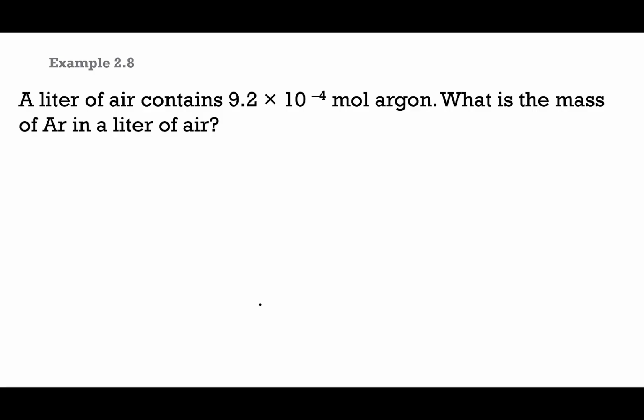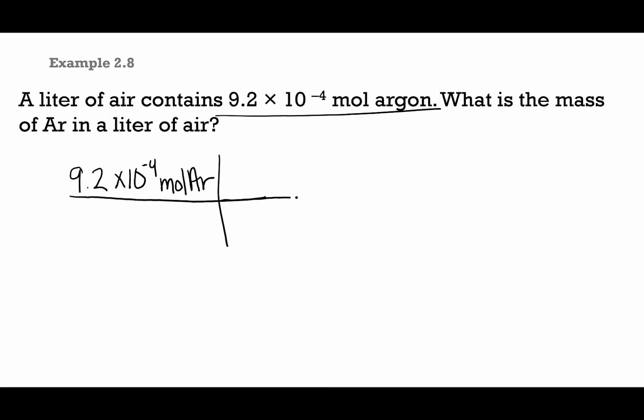All right, so unit conversion, we're going to start the same way we start every unit conversion. We're going to write down the information that's given. So 9.2 times 10 to the negative fourth. We have moles of argon. Little to no thought, moles of argon are going to go in the bottom quadrant because that's what we're getting rid of.